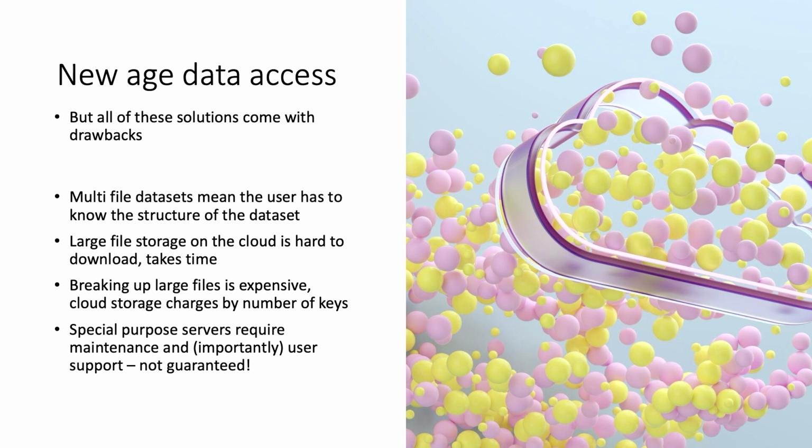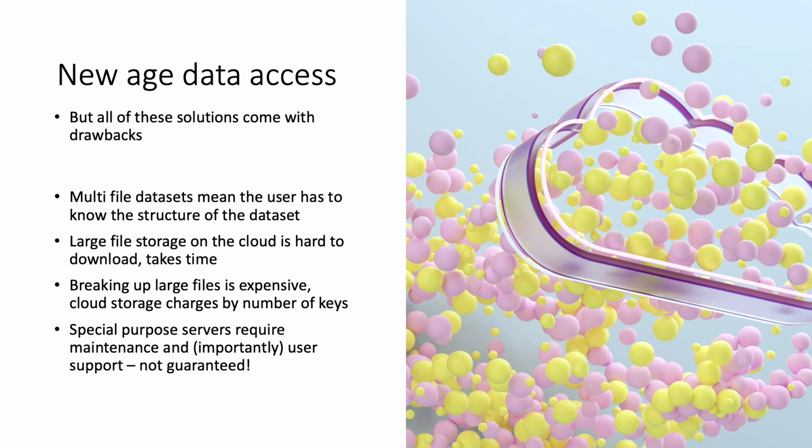It's not easy, right? Large file storage on the cloud, if you have one single large file, even with HTTP range requests, it's hard to download, it takes time. Your queue might get backed up as there's a lot of people doing it. Breaking up large files is expensive because cloud storage providers charge by the number of objects.